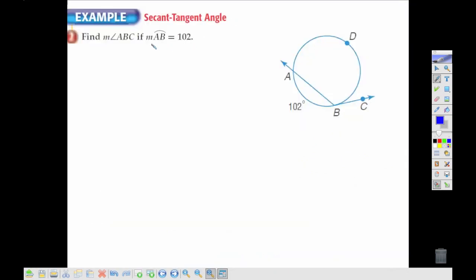You see that in this picture here. We want the measure of angle ABC, which is here, but notice that the arc that they've given us, AB, is actually this arc here. So to use this theorem, we need the arc that goes along with the angle we're looking for. Since this is on the interior over here, we need arc ADB.